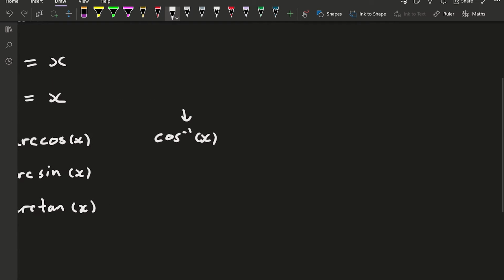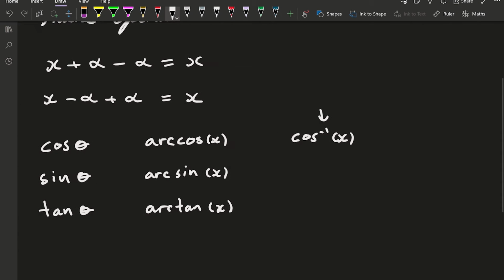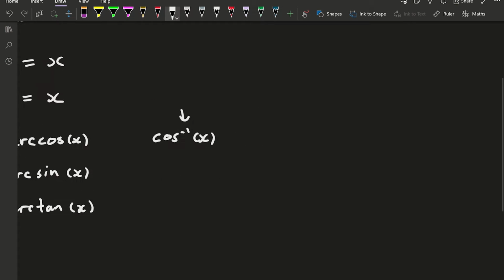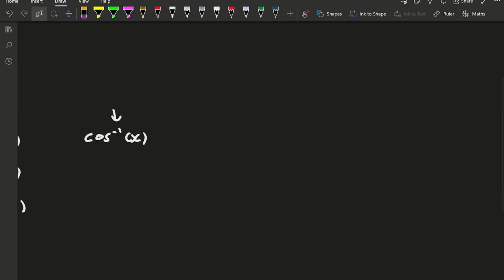This notation is pretty common as well, but the reason the arc notation is more common is because this one can lead to confusion, because the superscript of -1 can easily be misinterpreted as a power, as if you're raising the cosine of x to the power of -1.